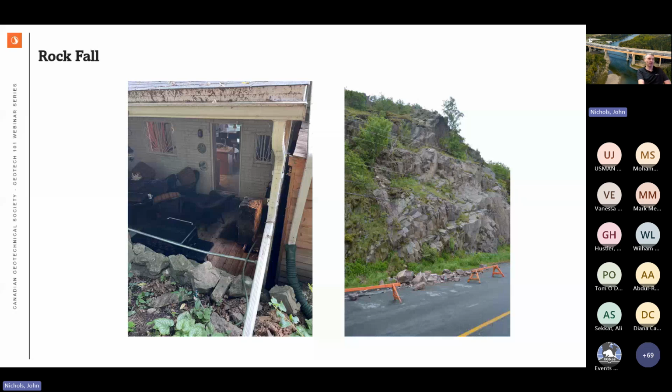This is an example on a roadway, and this is an example on someone's patio. These are small failures, not necessarily controlled by a major structure, but just general erosion over time. It could be multiple factors, a heavy rainfall event, anything like that can lead to a rockfall.